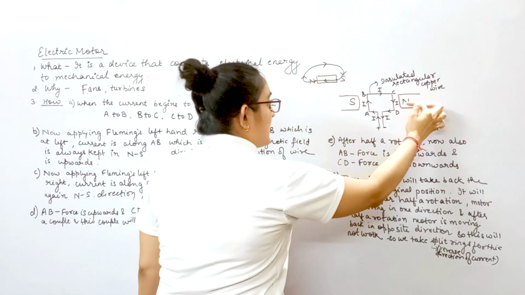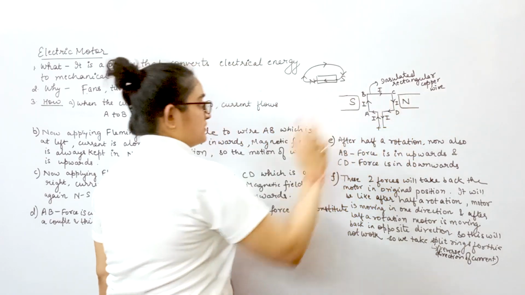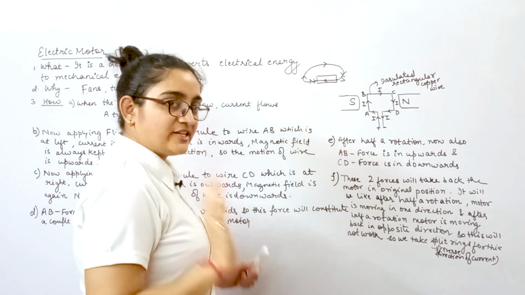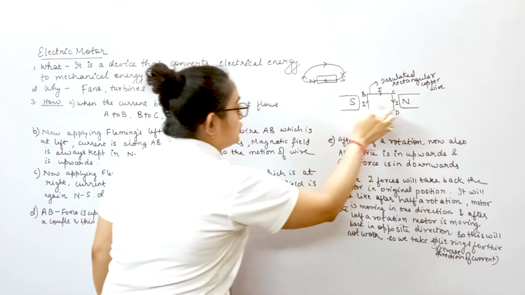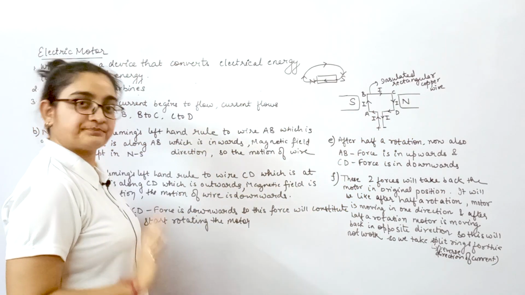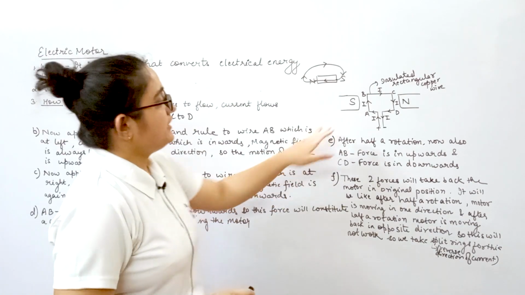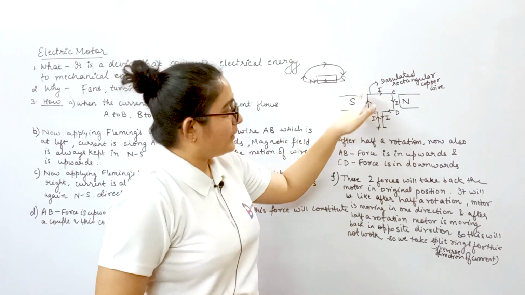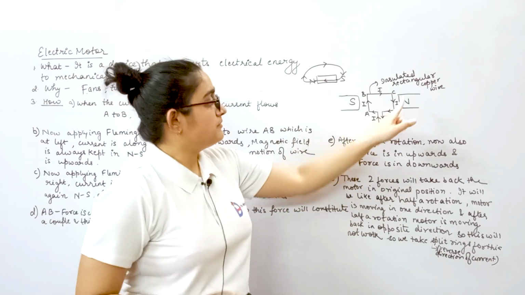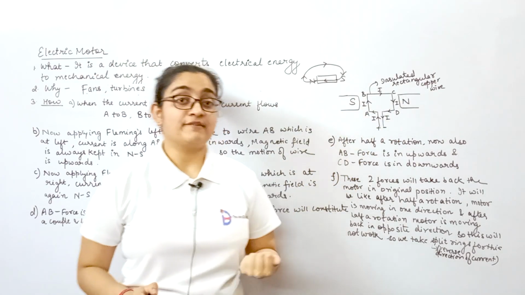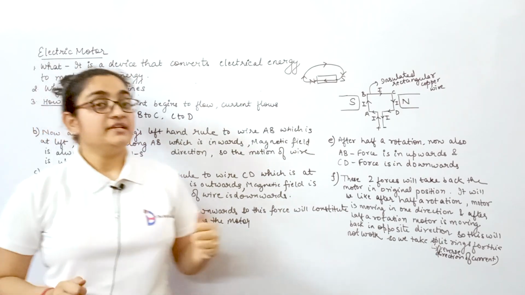So here the magnetic field will be from north to south. That's why I've written that the magnetic field is always kept in north to south direction. So for wire AB, the current is inwards and the magnetic field is from north to south. Now we have to find the force here.